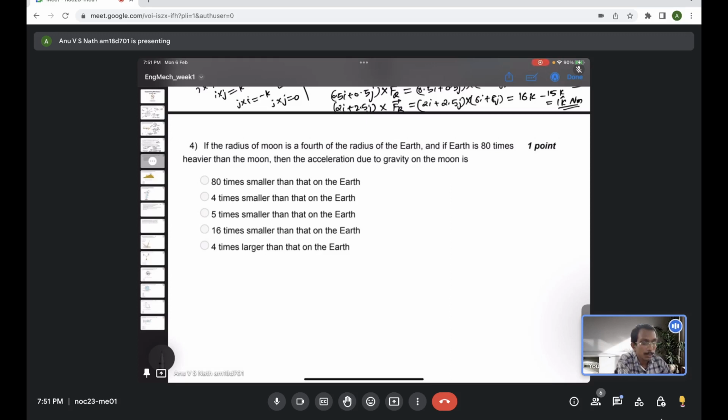So I hope all of you know the equation for gravitational field. So g is equal to Gm by R square. So we have a planet. Let me redraw it.